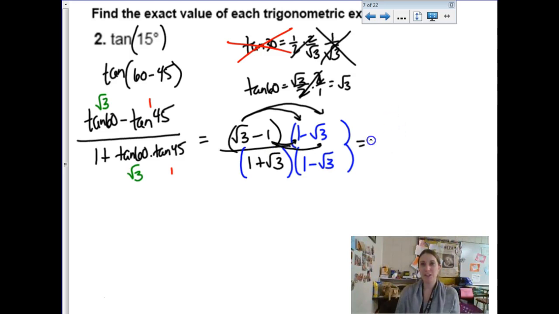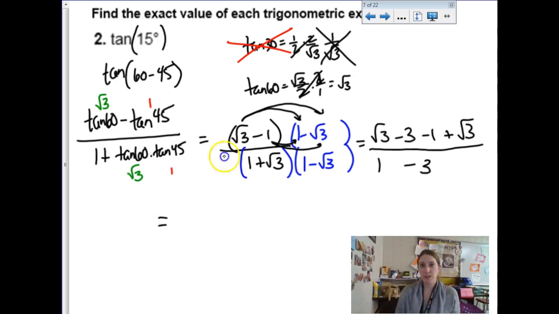All right, foiling this together, you get the square root of 3, minus square root of 3 times square root of 3 is 3, and then negative 1, and then plus square root of 3. So my denominator, conjugates multiplied together are lovely, right? 1 minus 3.